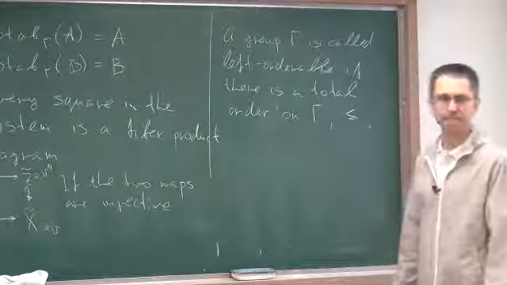And it's an important condition. Total is important here. There is a total order on gamma, which is also, this word left corresponds to saying that it's invariant under the product, invariant under left multiplication.